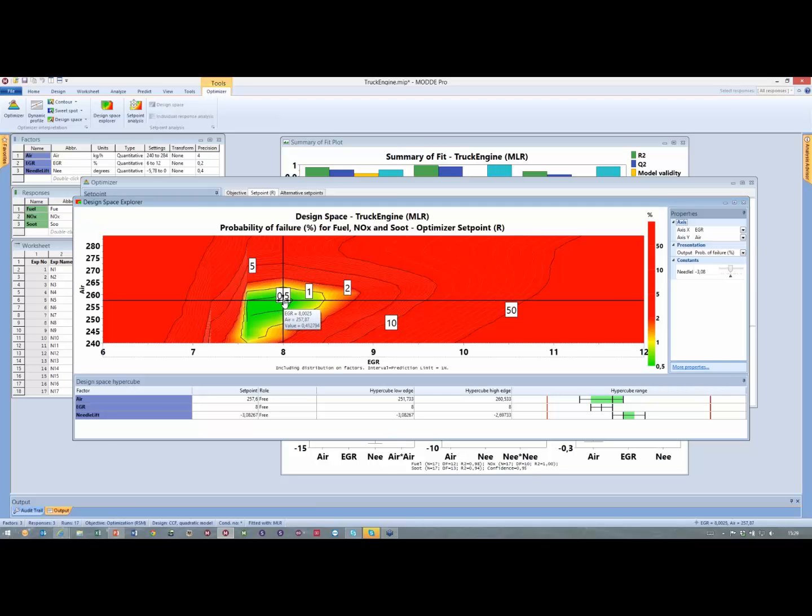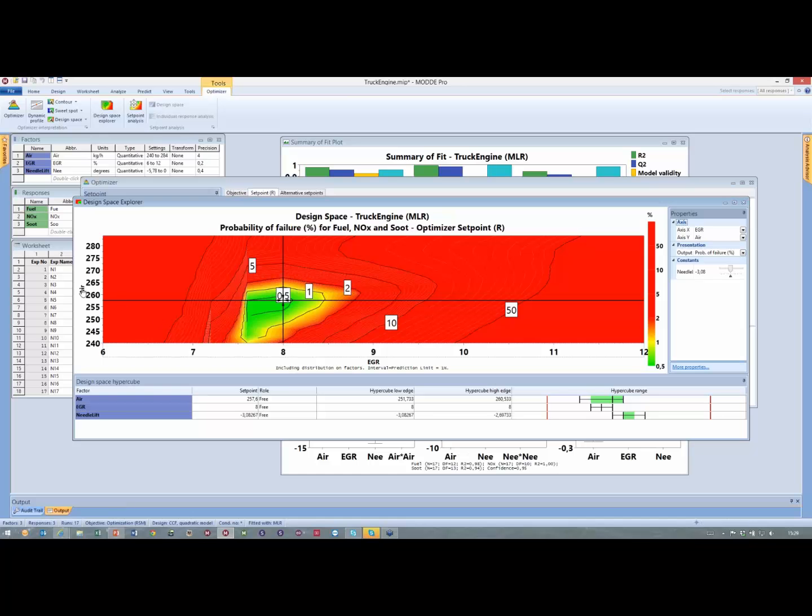So here we have the robust set point in the middle, or at the gravity, of the green region or green volume. It is in this case appropriate to talk about a green volume because we are actually having a three-dimensional problem.